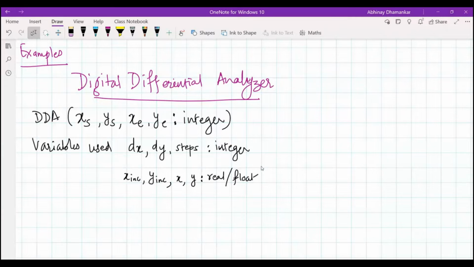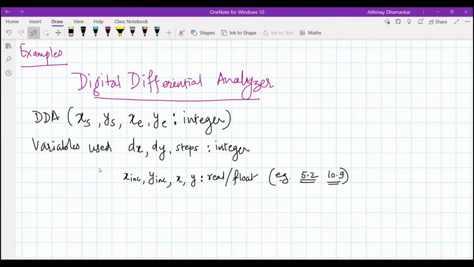Float means it contains a decimal point value, for example 5.2, 10.9. These are examples of float values.